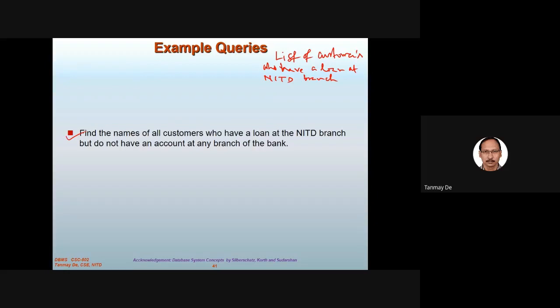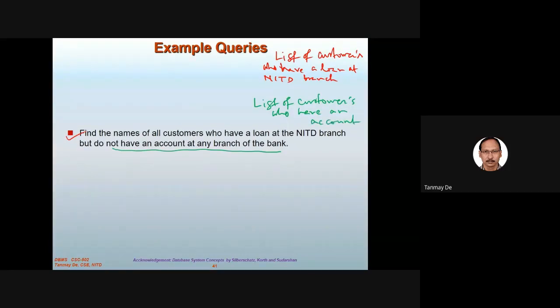And we also want to find out another list, that is, the list of customers who have an account at any branch. I want to find out the list of customers who have an account. Okay, so there are two lists.